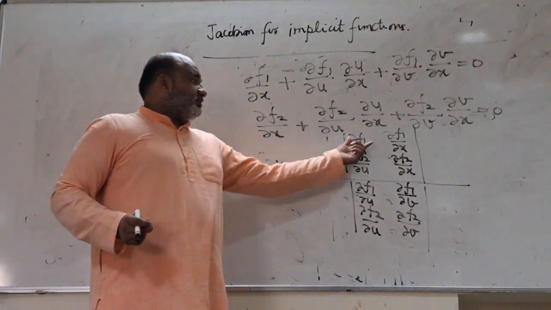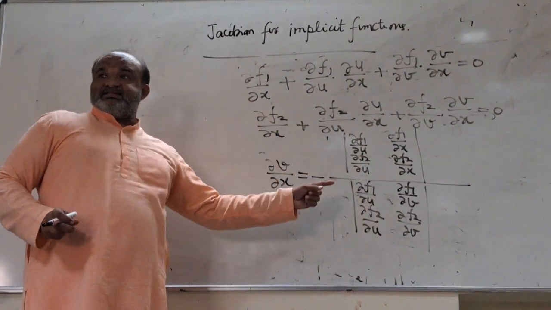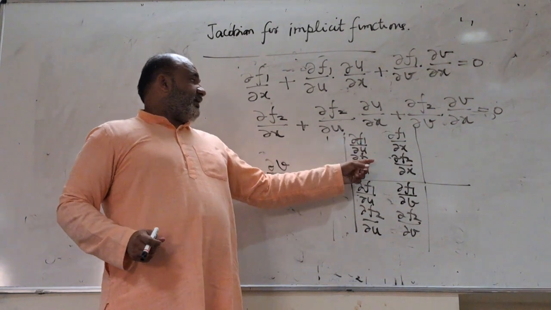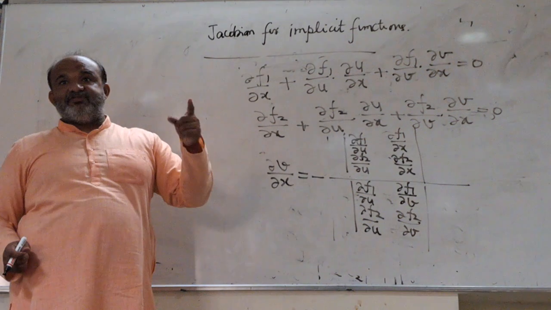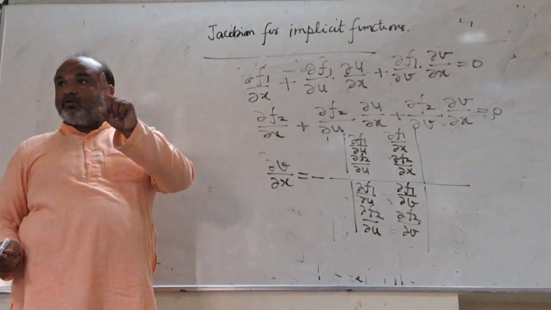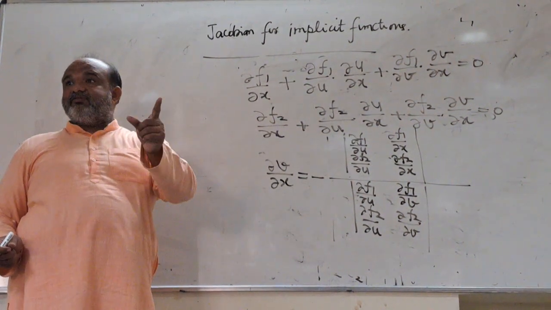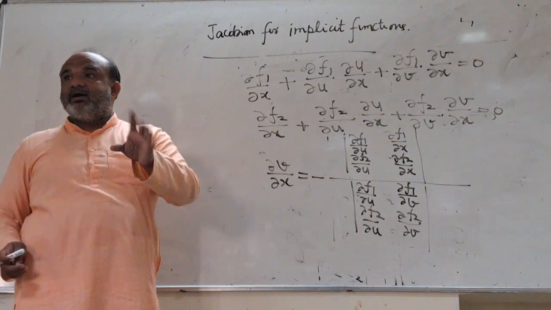Now this determinant is nothing but the Jacobian of f1 and f2 with respect to u and x. There it was with respect to x and v. Here it will be with respect to u and x.